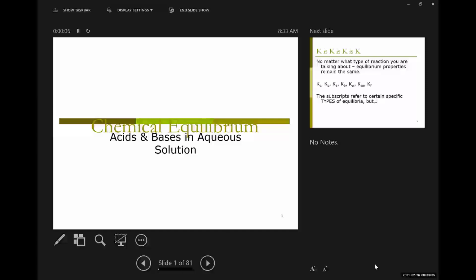It's still an equilibrium. It still has 3 parts, which means I still solve everything: balanced equation, equilibrium expression, ICE chart, solve. But each of the reaction types we talk about does have sort of a special feature all its own. It doesn't change the way I solve it, but it does sometimes change the way I report it, which is the case for our first reaction type, which are acids and bases.